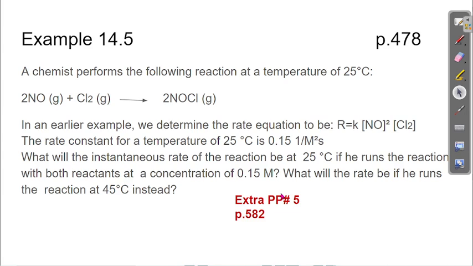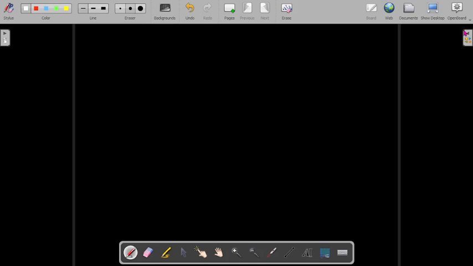At what temperature should the chemist run the reaction to achieve this goal? Well, the answer for this is, temperature needs to be 55 degrees Celsius. You got this, you did it right. You can try again or not.